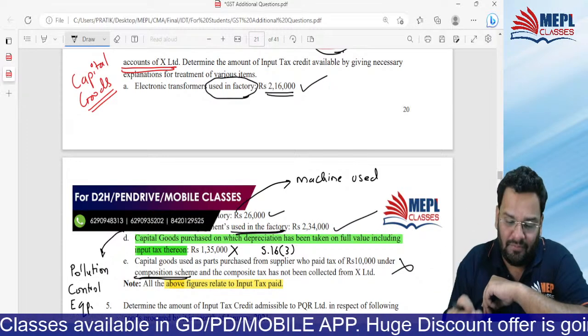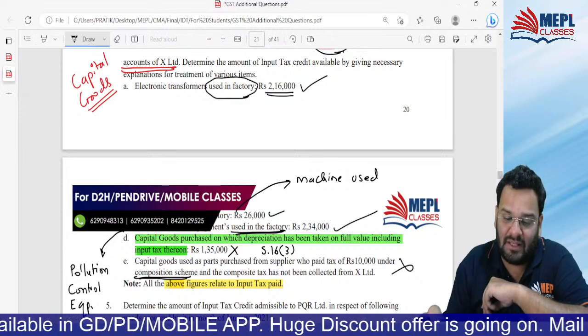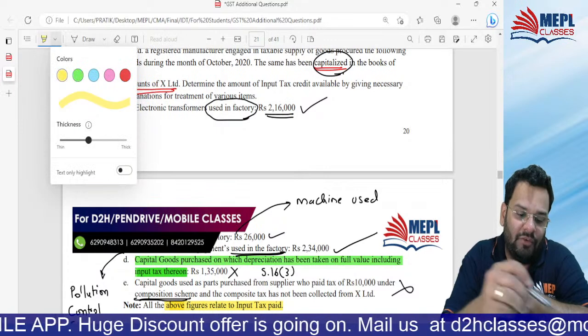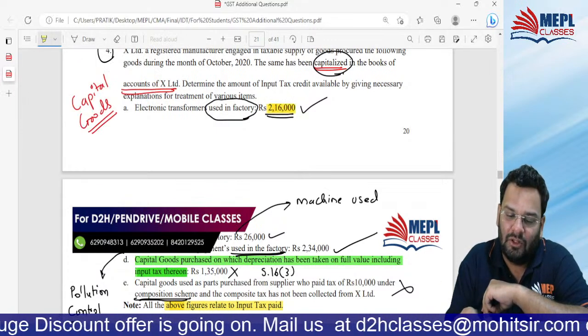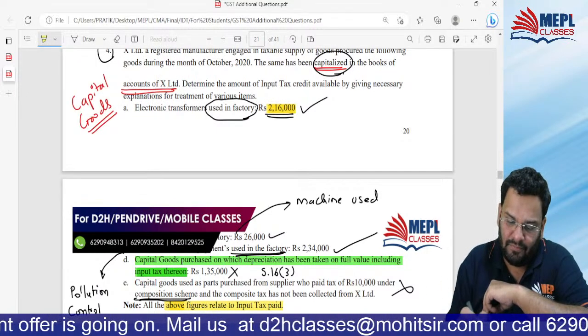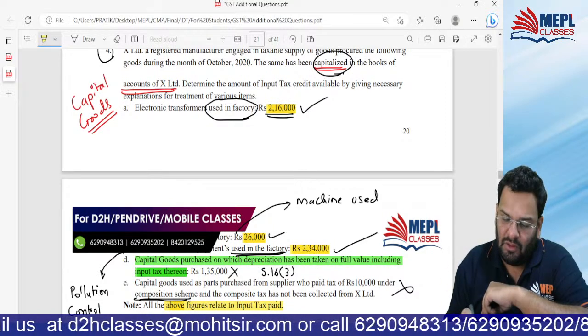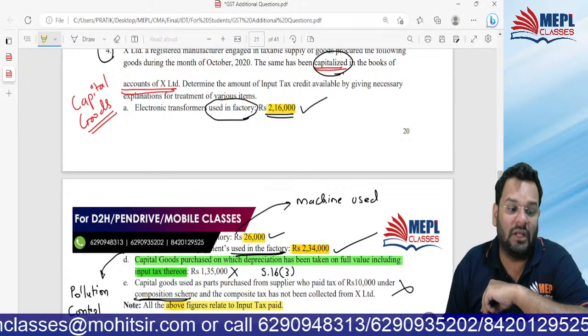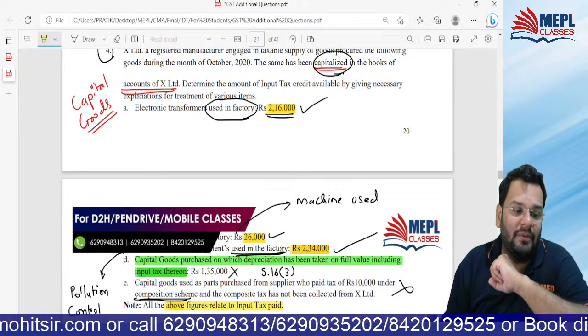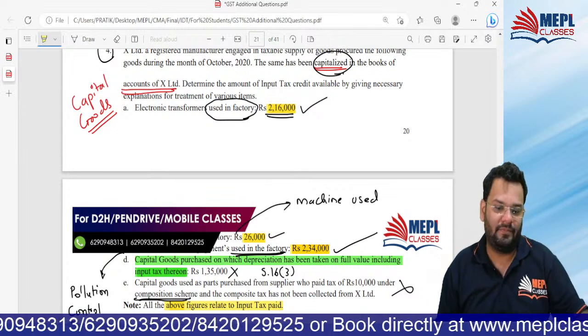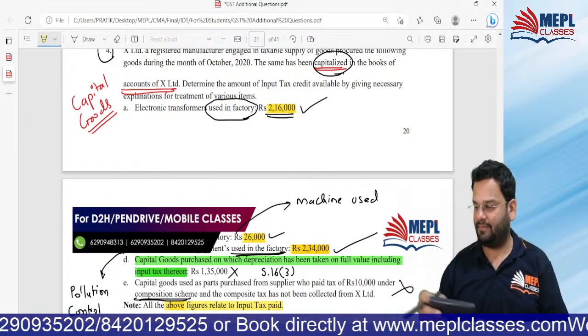So finally, ITC admissible in this case will be, take the total of amounts of which ITC is admissible: 2,16,000, 26,000, 2,34,000. Check and tell me what is the figure of ITC admissible in this case.